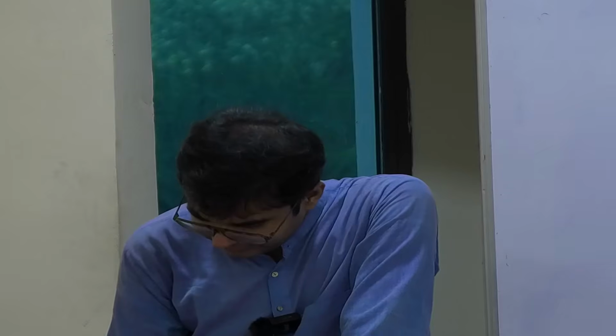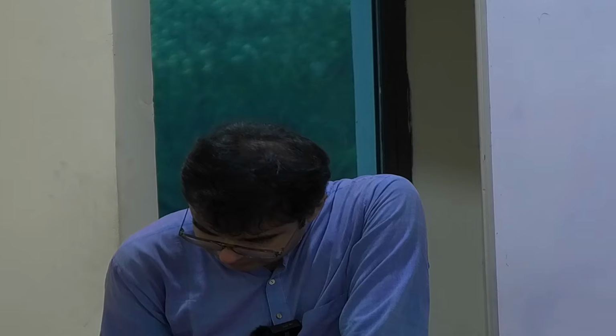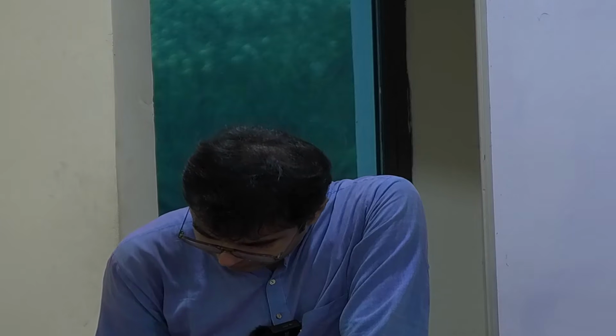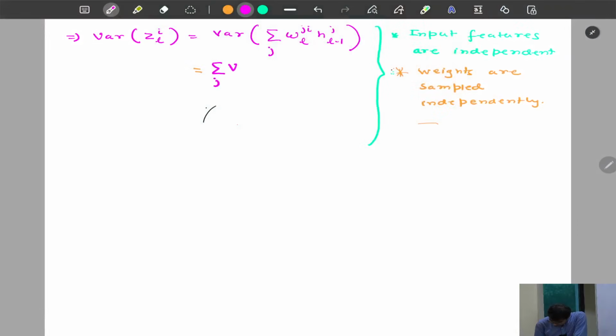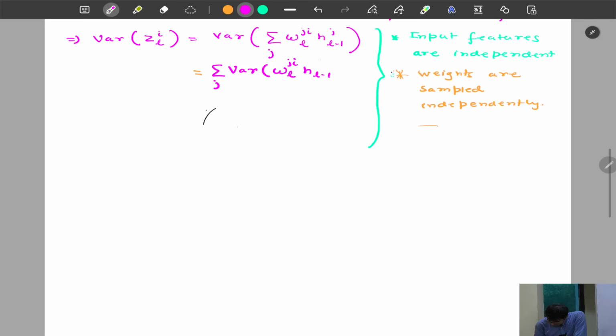So, because of these factors, we can write this as summation over J of variance of W^L_{JI} H^{L-1}_J, right?